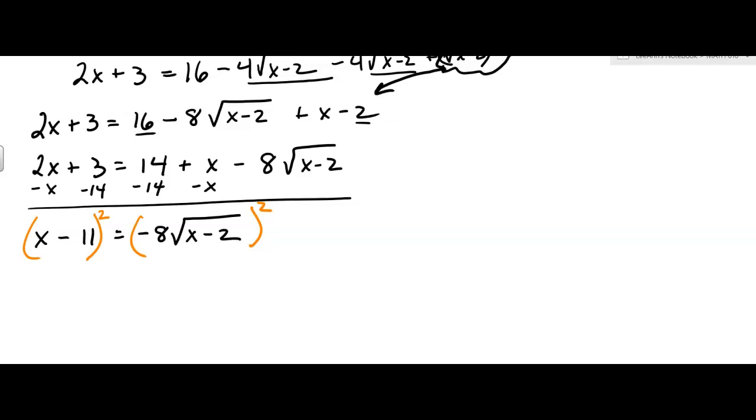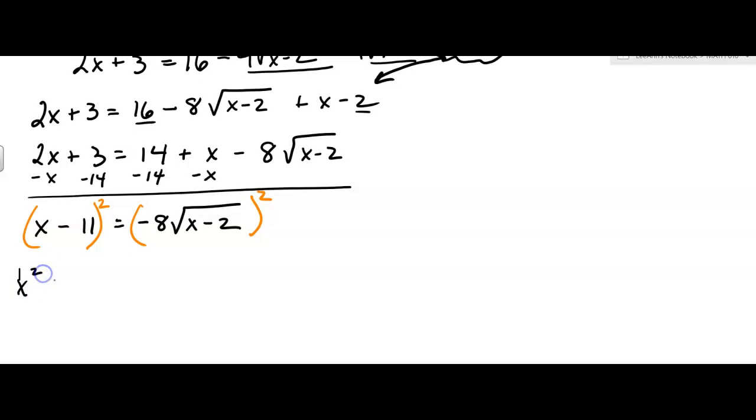So on the left, if you square that out, you're going to get x squared minus 22x plus 121. You just have to trust me on that. And then here you're going to get 64 times x minus 2. So I'm getting into some kind of bigger numbers here, but let's see what happens. How did I get this 64? I had to square the negative 8, and then I had to square the radical part, but that's just going to be x minus 2.